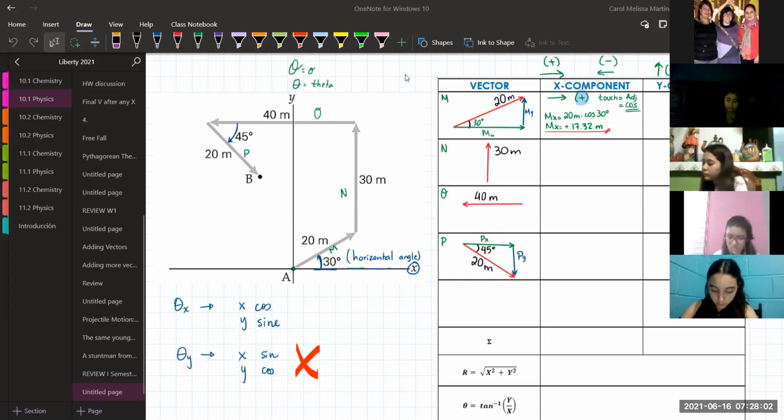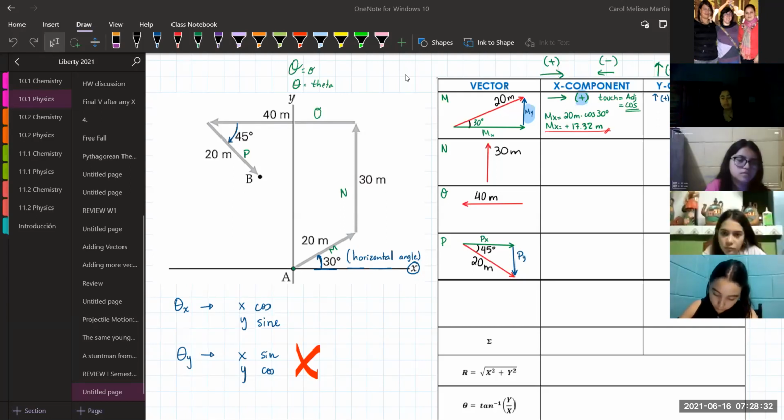My second answer is the y component. As you can see, it is going up, so it's going to be positive. Now, the My component is in front of the angle. It's opposite.